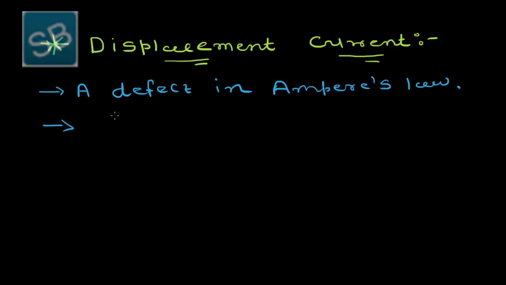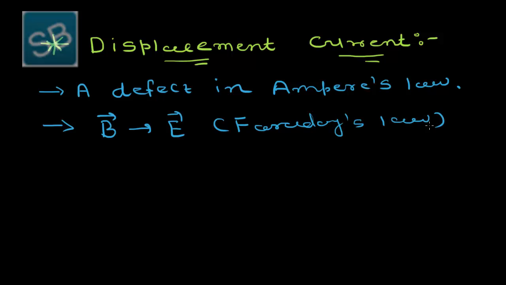And here what Maxwell has done: a changing magnetic field induces an electric field, and this is Faraday's law. But if you look at the equation in Ampere's law, it does not satisfy this result.